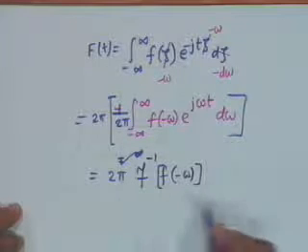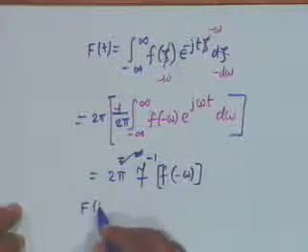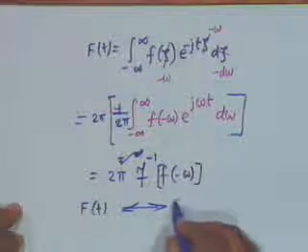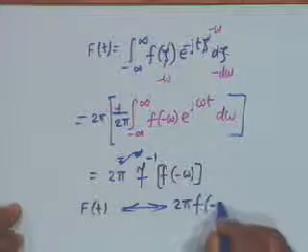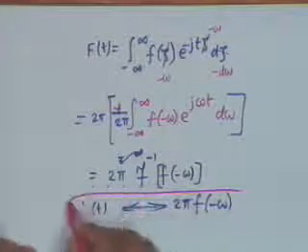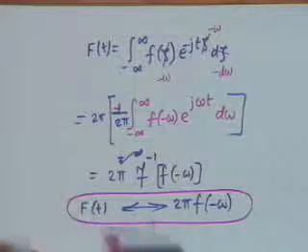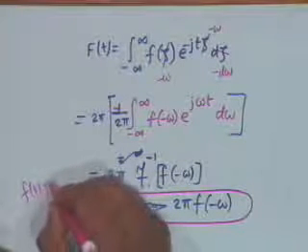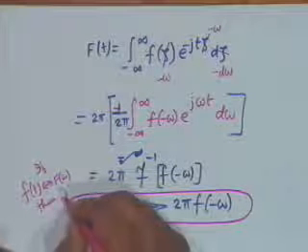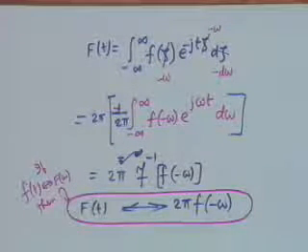So, I finally proved that F of t, capital F of t, is the pair of 2 pi f of minus omega. And this is the theorem of duality. If f of t is the pair of capital F of omega, then this must be true. This is the theorem of duality.